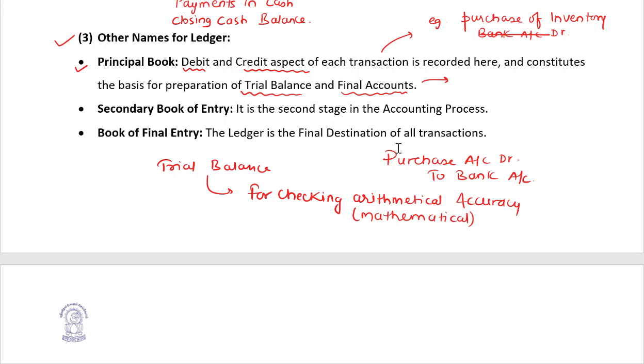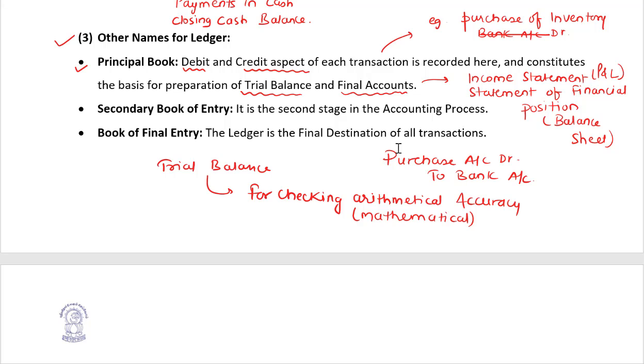And final accounts over here means income statement and statement of financial position. Statement of financial position, that is balance sheet. An income statement means profit and loss account. I believe I am making sense to all of you.